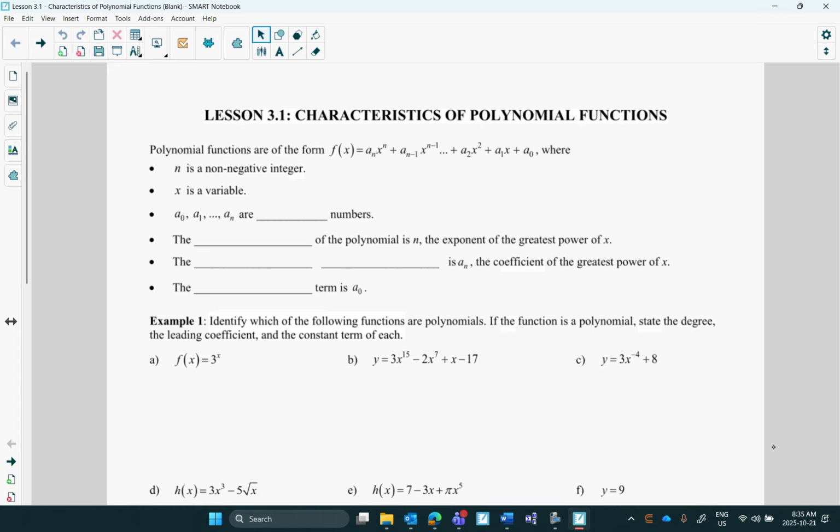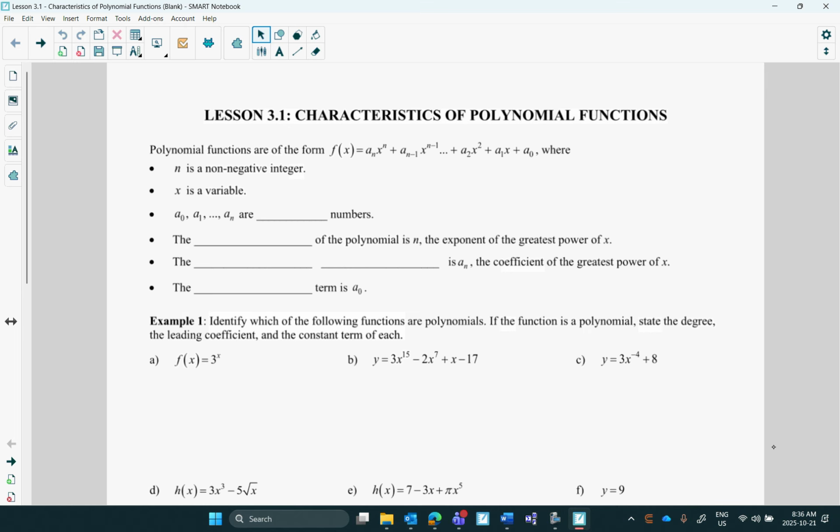But first, we've got to do some work on what exactly these things are. And then we've got to work on a little bit of math that's going to involve some factoring and some division that's going to help us graph these things and help us find the equation of them given their graphs.